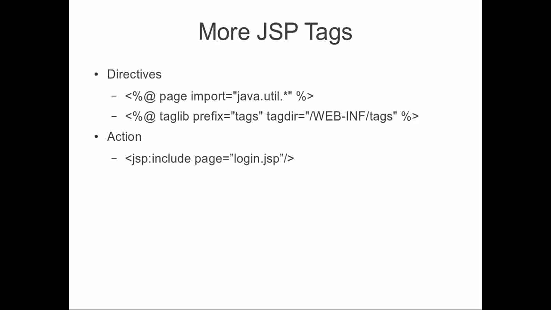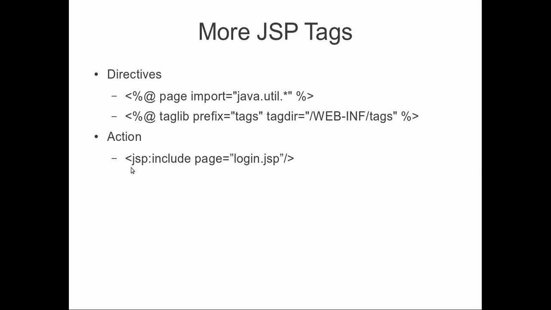In this case, we're just importing Java util star, and that'll dictate how the JSP gets translated to a servlet, what import statements will happen to the top. We'll get to tag libs in the next unit. There's also some other types that we'll get to in the next unit, but we'll highlight them here. JSP action. It looks more like an HTML tag, but it has a prefix, and we'll cover that in the next unit.